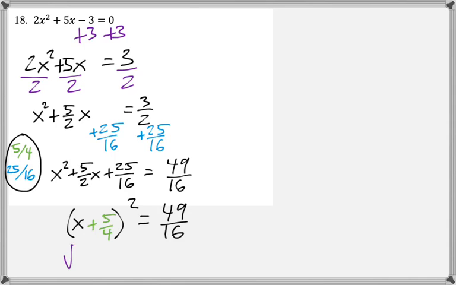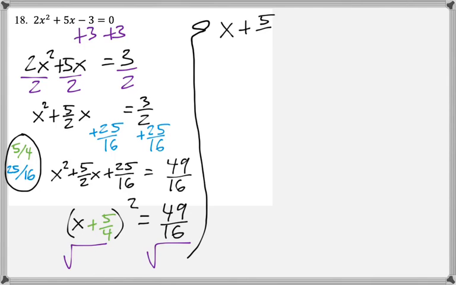Then we want to take the square root of both sides. So that's going to eliminate the square. X plus 5/4 is equal to plus or minus square root of 49/16.